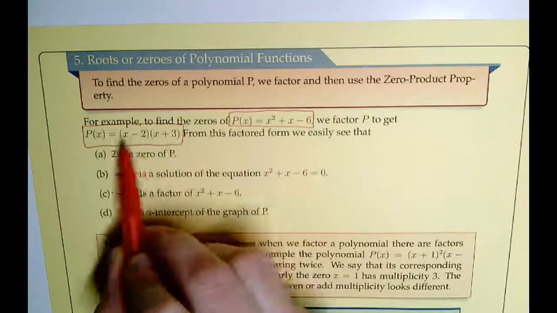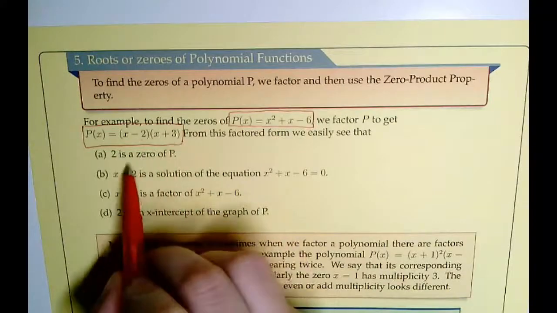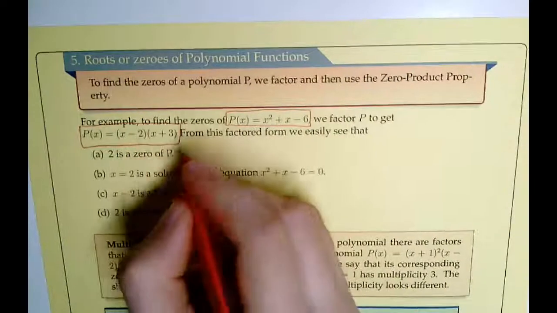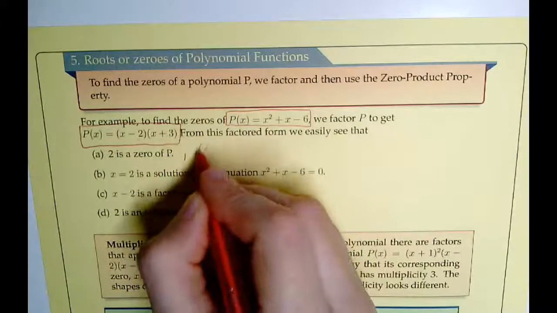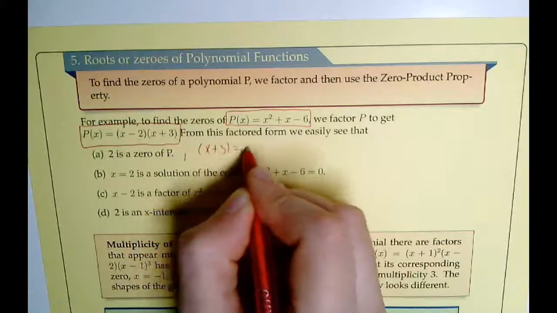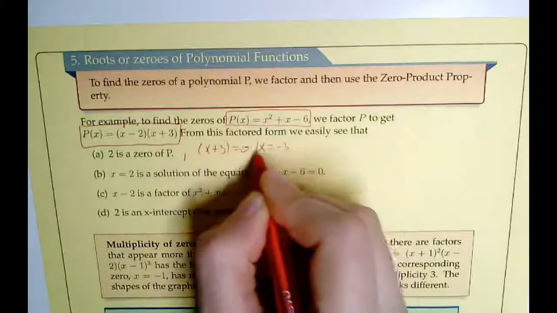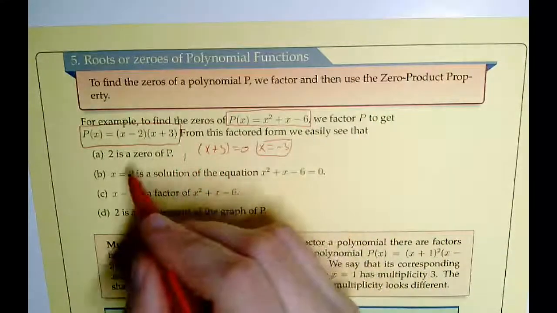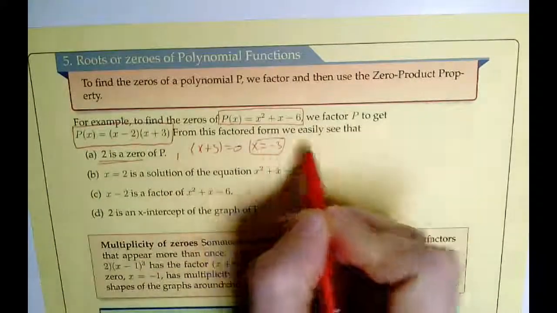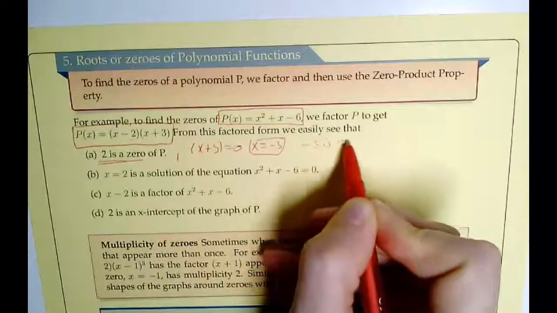And then from this factored form, we can easily see that 2 is a zero of p, and also when I set x plus 3 equals 0, I get that x equals -3. So this is the zero product property. So I have that 2 is a 0 and -3 is a 0.